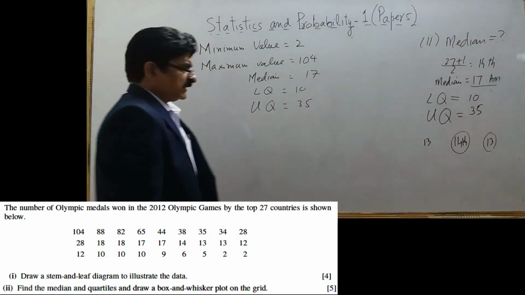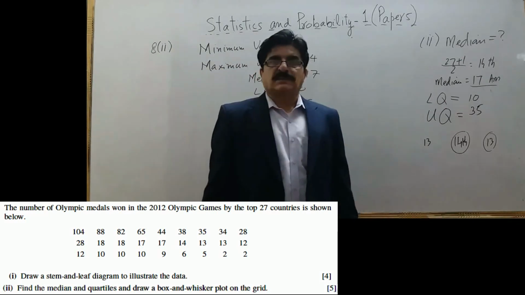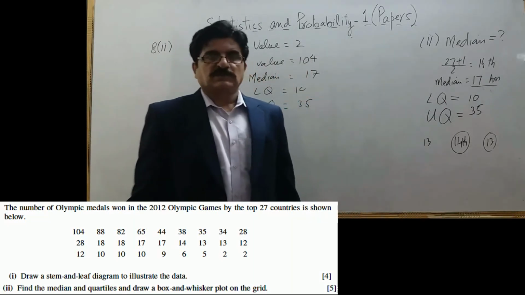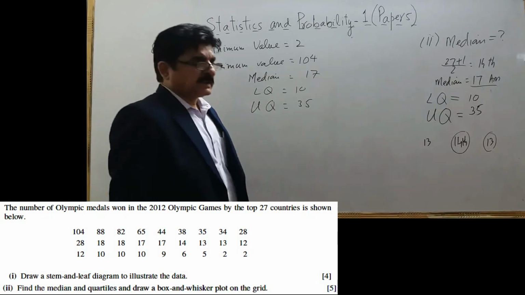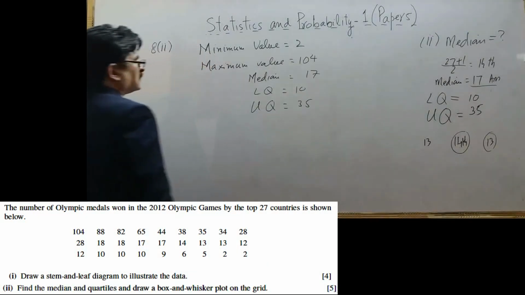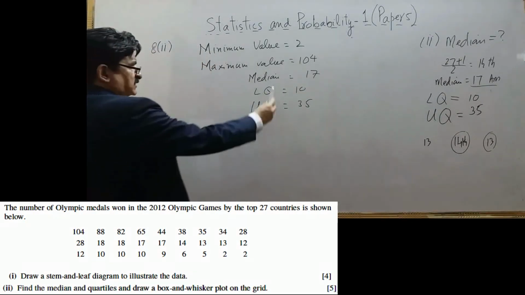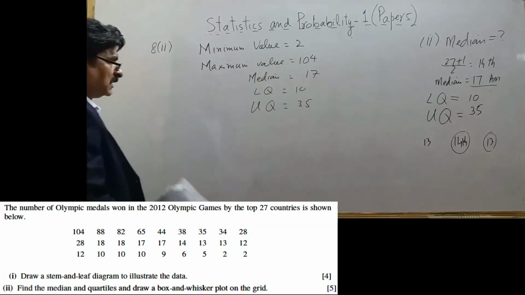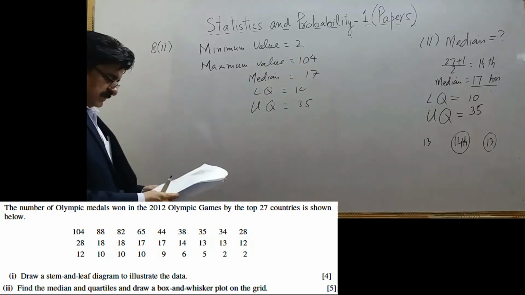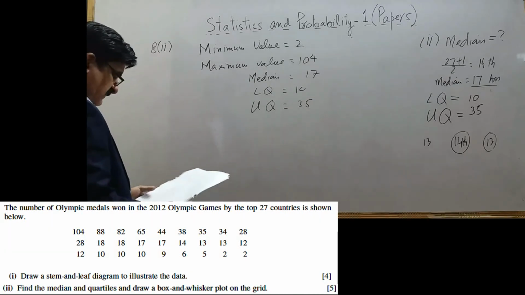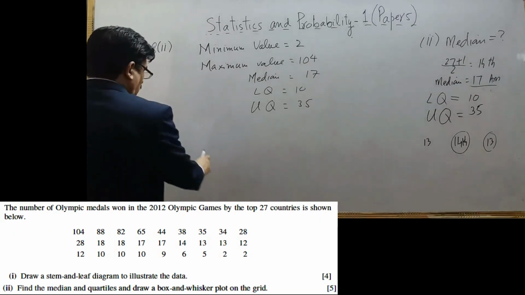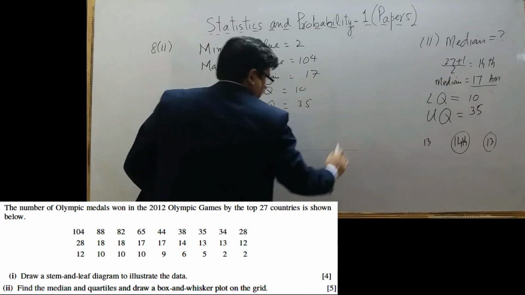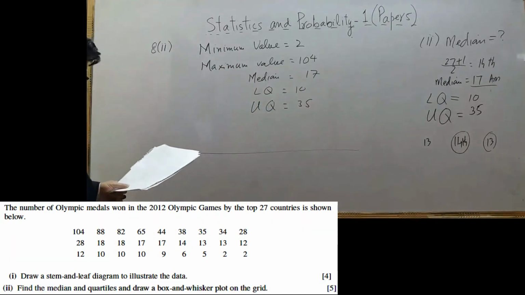Now see, an important point: in this question we are not given the scale, so we have to decide it. But the grid is given. Our lowest value is 2 and the largest value is 104. So in this diagram, how will you make it?